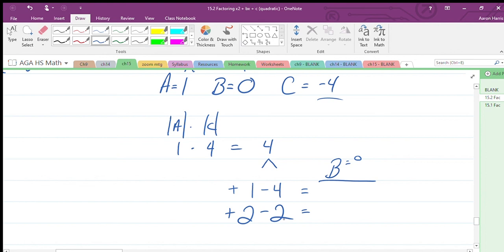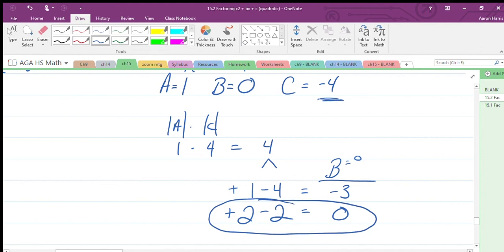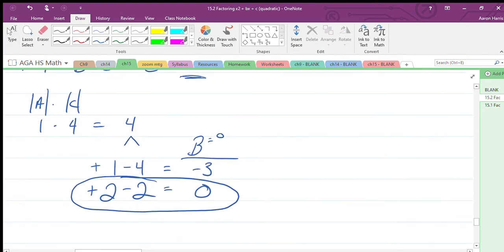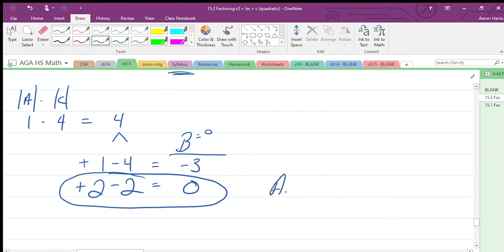2 times a negative 2 would give me my negative 4. So multiplication is good. Now let's add them. 1 minus 4 is what? Negative 3. 2 minus 2 is what? 0. So which one is going to work? The positive 2 and the negative 2. Remember, I can now write my answer as two binomials multiplied together.